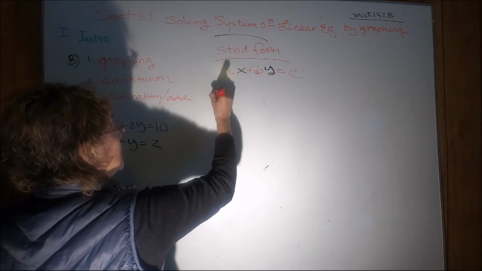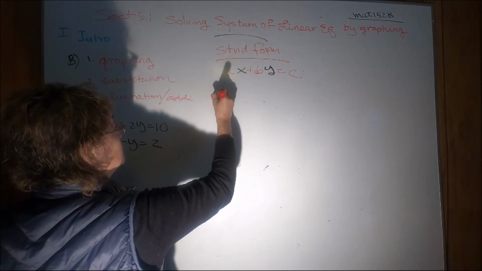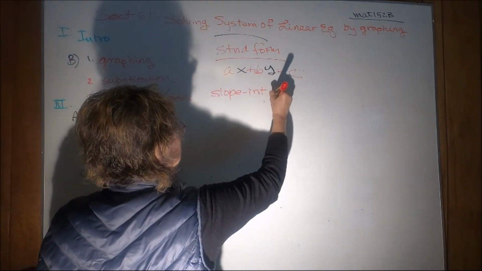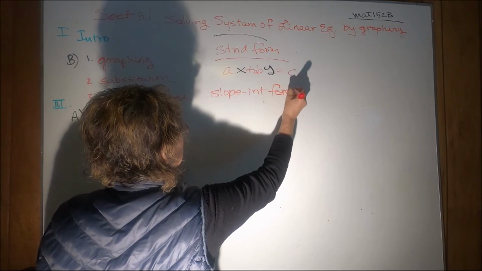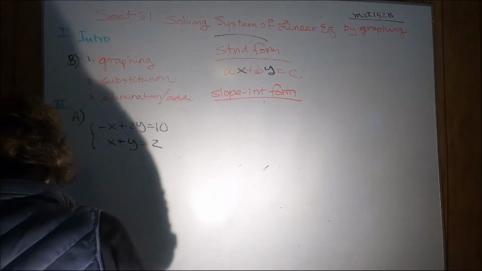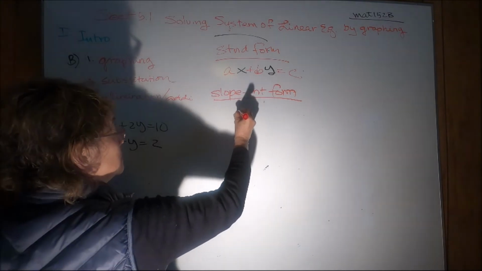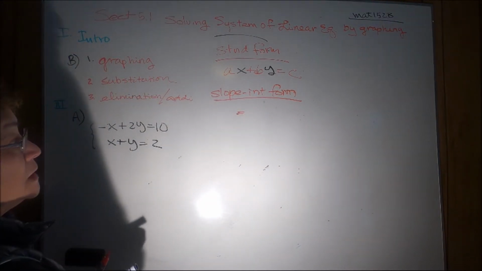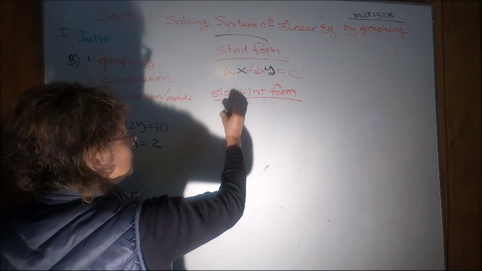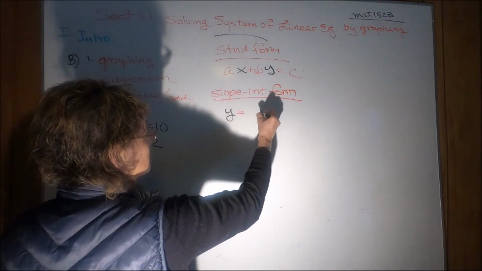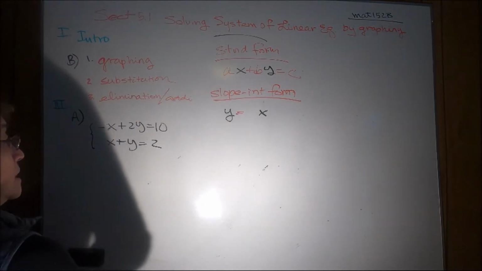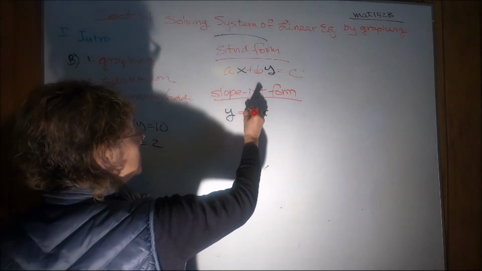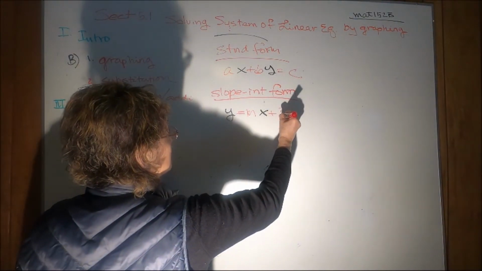Another form you have learned is called what? Remember this? Slope-intercept form. Then you only have an x and y with one power. Slope-intercept form, you have the slope and y-intercept.